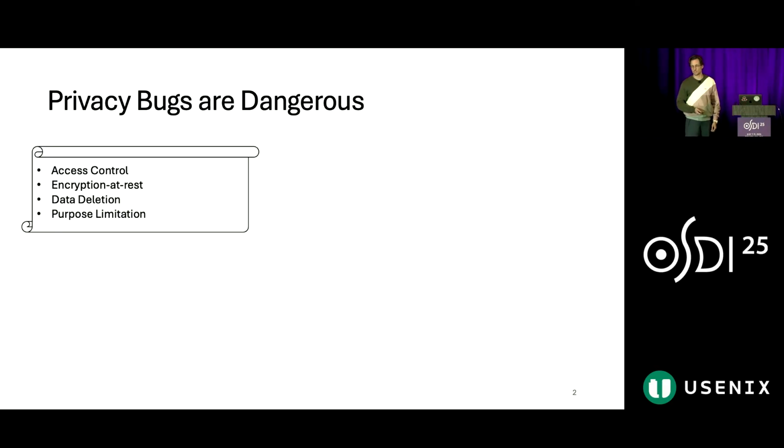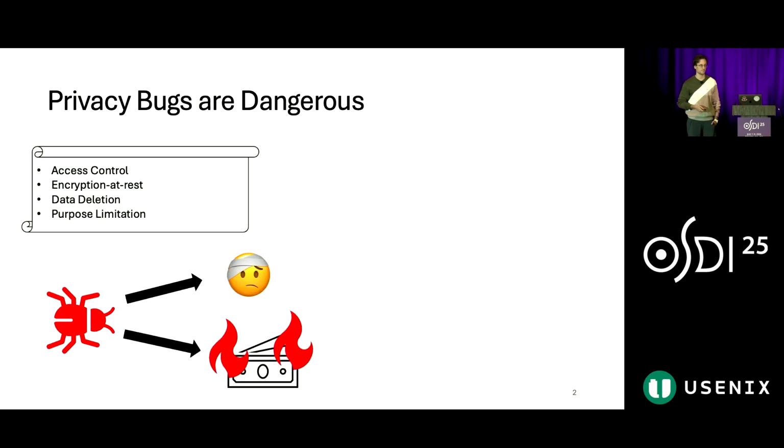Some of these are access control, encryption at rest, data deletion, purpose limitation. If they get it wrong and introduce bugs, this incurs rightfully a large cost to the company because they're hurting their consumers.